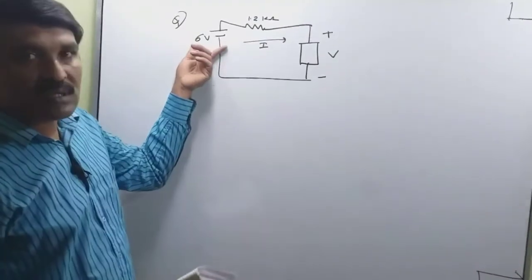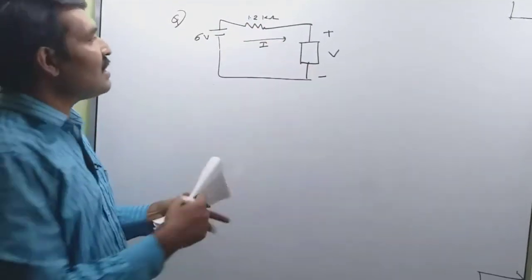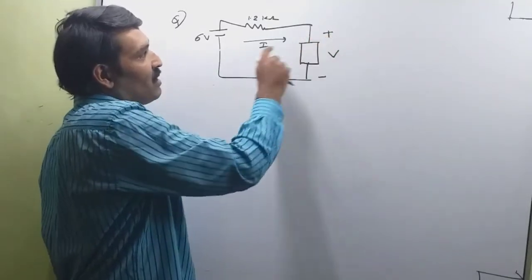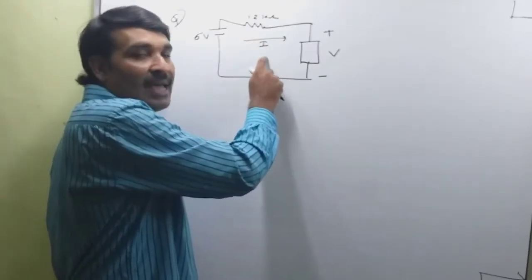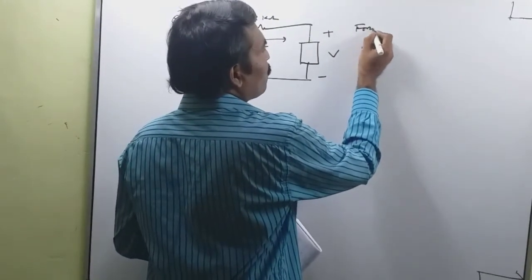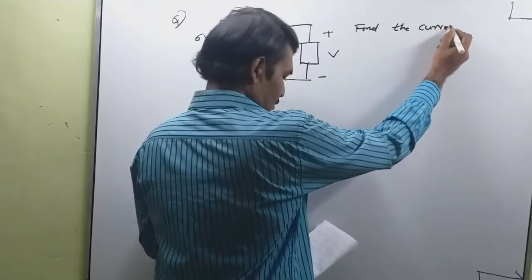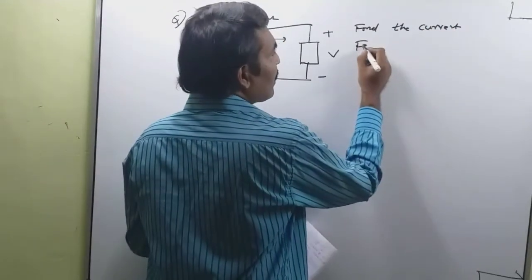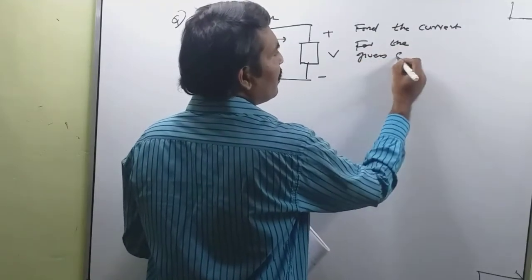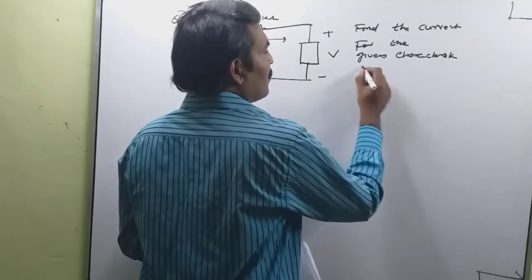So we have a circuit with a 6 volt battery, 1.2 k ohm, and an element. The voltage across this element is plus V volt, and the current through the circuit is I ampere. Our question is to find the current for the given characteristics.